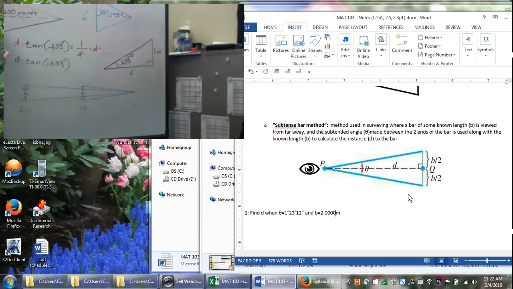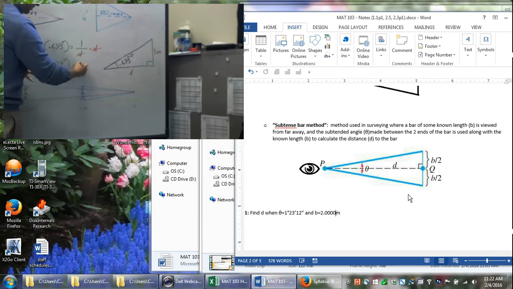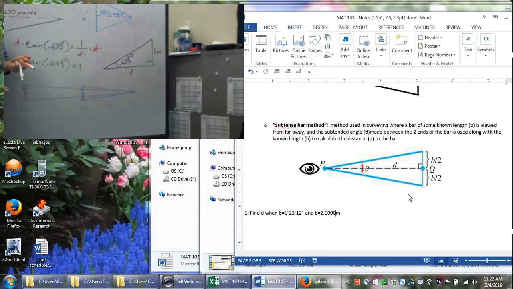Okay, so that's 0.693 degrees. So tangent of my angle there is my opposite side, 1 meter, divided by my adjacent side. And our variable for that is d.